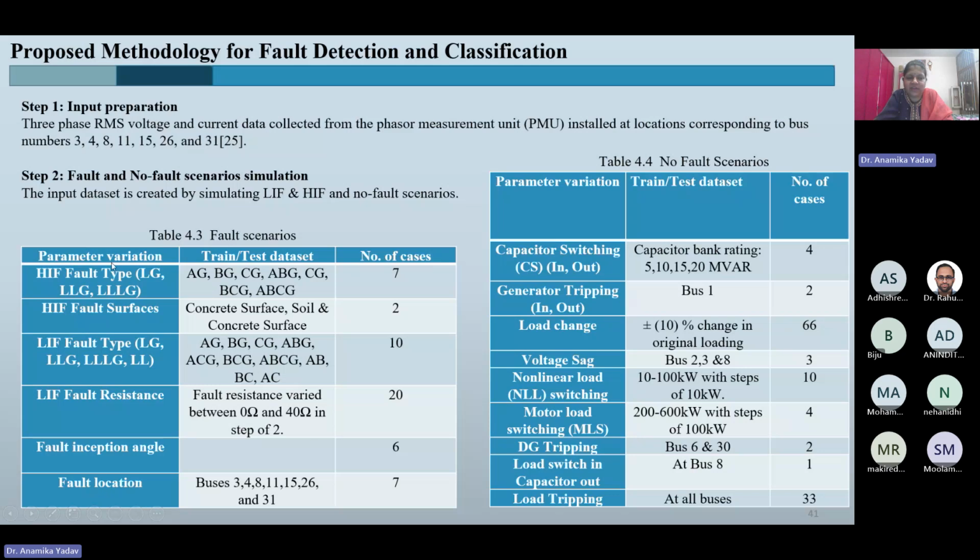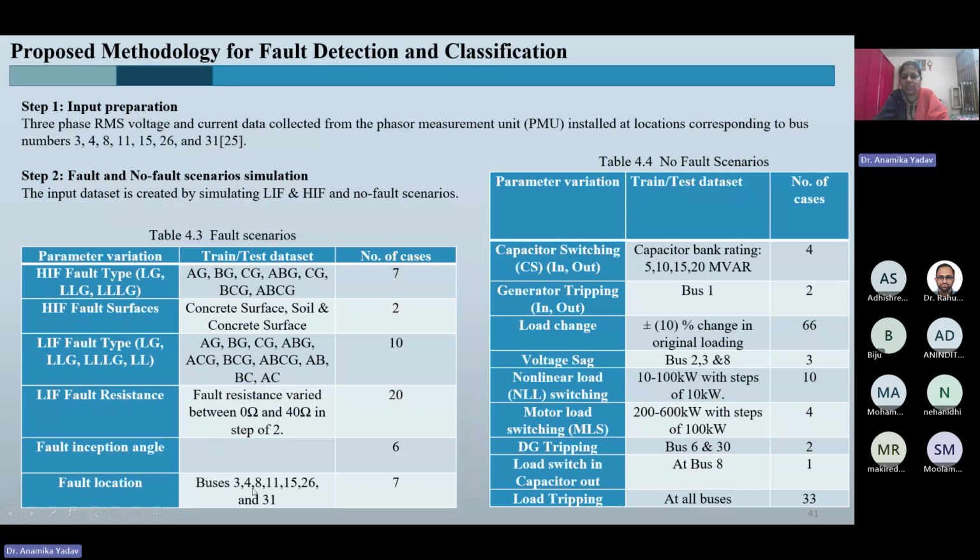We have considered different types of fault situations, both high impedance and low impedance faults with different values of resistances. For high impedance fault, we have considered concrete surface, soil, and concrete with soil as the faulty surface, and LIF range is between 0 to 40 ohm.